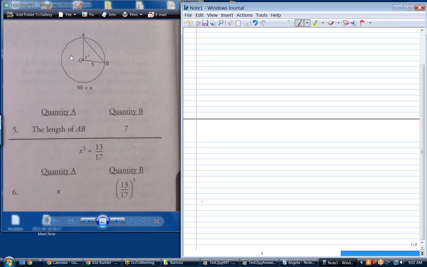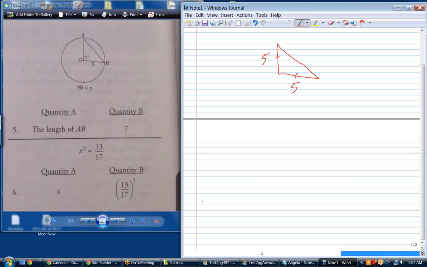So, how should we proceed with that triangle? It's true, it's isosceles. In other words, that's equal to that, and that's 5, so that's 5. And that's going to be 5 root 2, if it's a right angle.